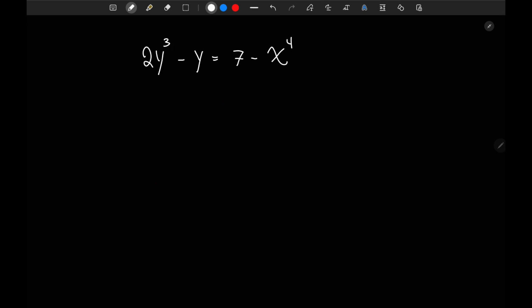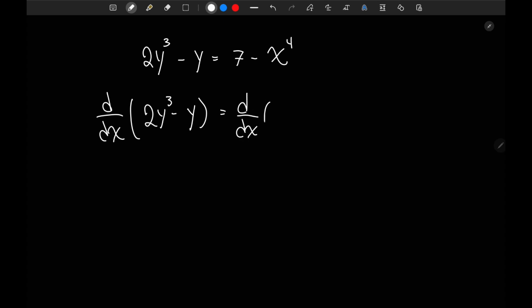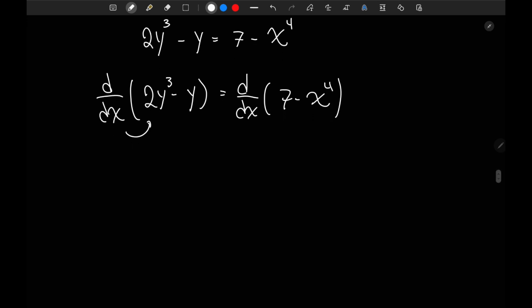Okay, and in this last example of the normal equations, we'll start by taking the derivative of each side with respect to x as always. And now we go through and evaluate this. The derivative of 2y cubed is going to be 6y squared dy/dx.